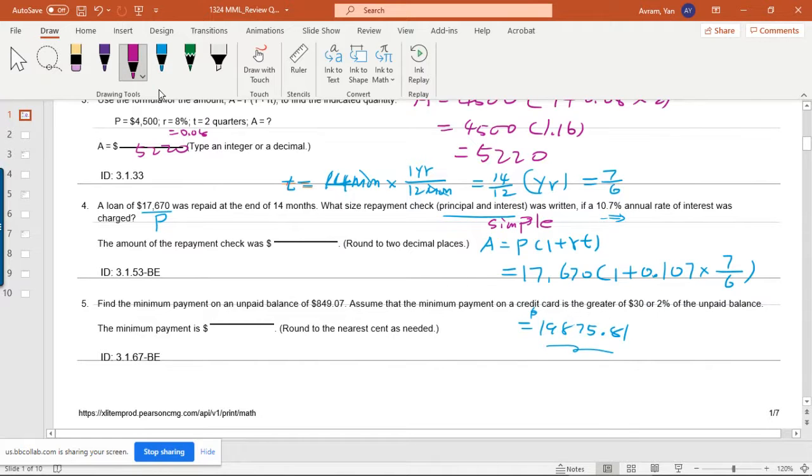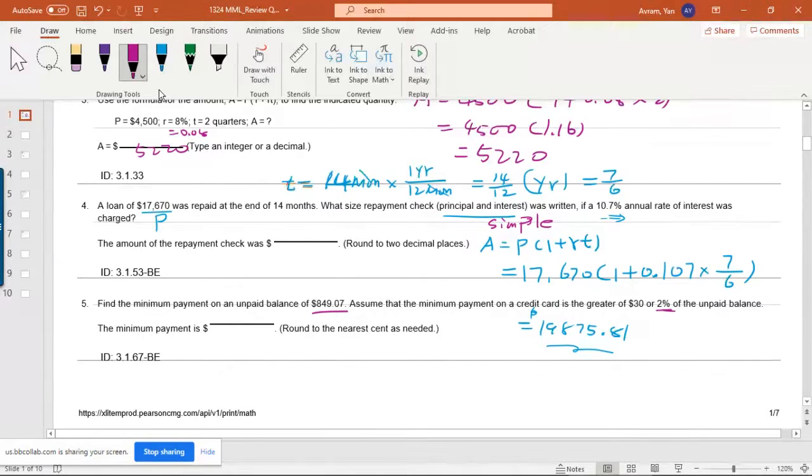So you have this balance in here. You're gonna compare whether 2% of this balance is greater than 30 or not. If it's greater than 30, the minimum payment on a credit card is the greater of these two.